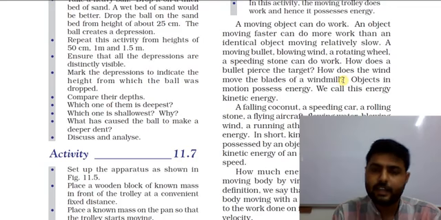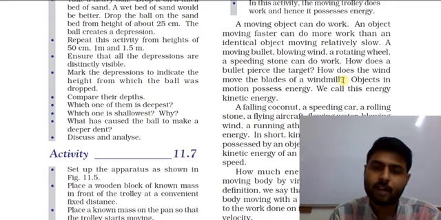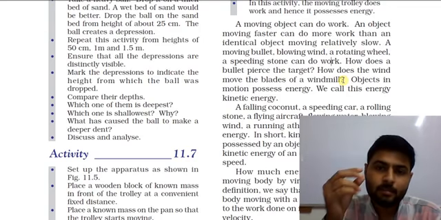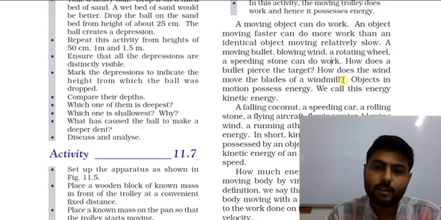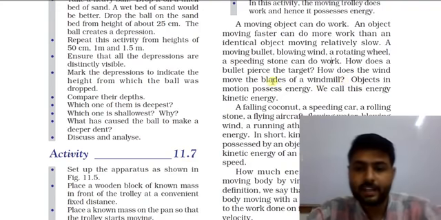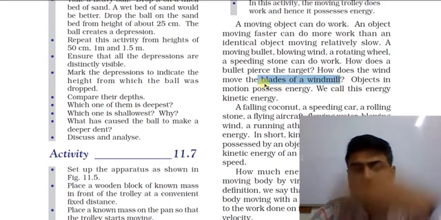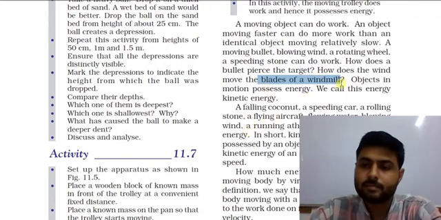In higher standard, in your standard 10, you will learn about windmills and wind farms. At that time you will learn that a minimum wind speed of 15 km per hour is required to run a windmill properly. So we can say that blowing wind can do work, and by this work we can move the blades of a windmill and produce electricity.